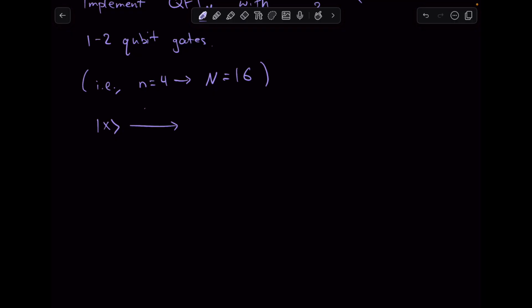And when we apply this unitary, QFT 16, we want to get 1 over the square root of 16, and then the sum from s equals 0, chi of s, x, conjugated, summing over all these basis states.